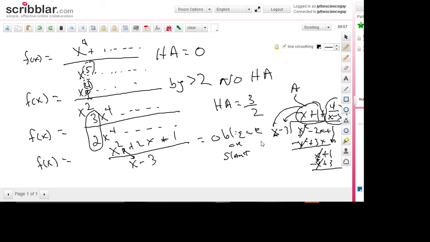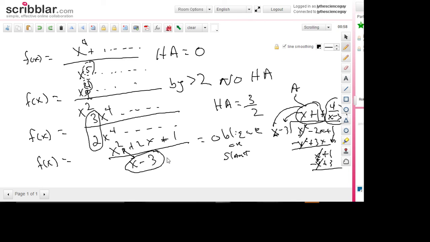Okay. How would you graph all this? Let's talk about vertical asymptotes. The vertical asymptote is completely determined by the bottom term. So what can't x be equal to? The bottom can't be equal to 0.